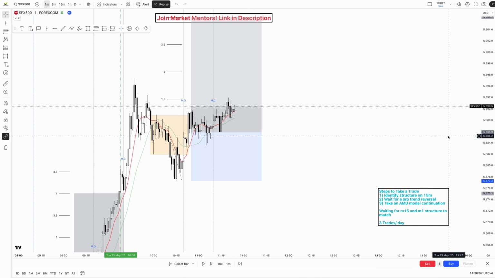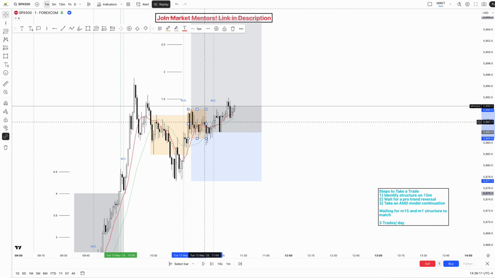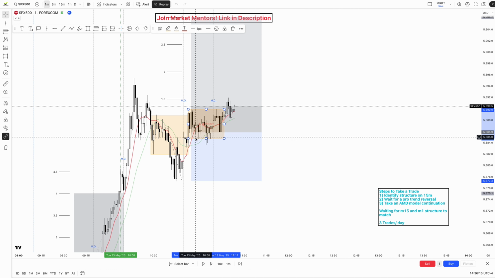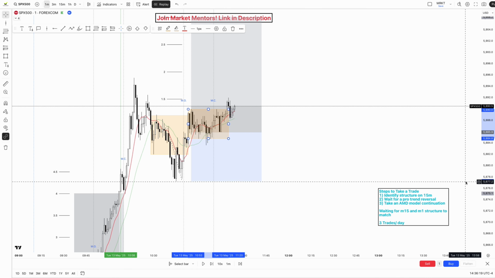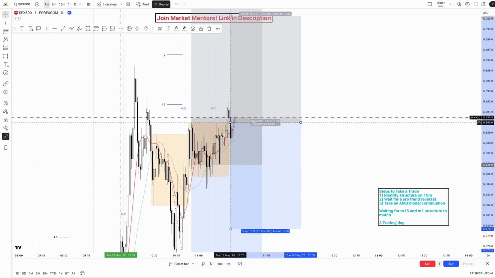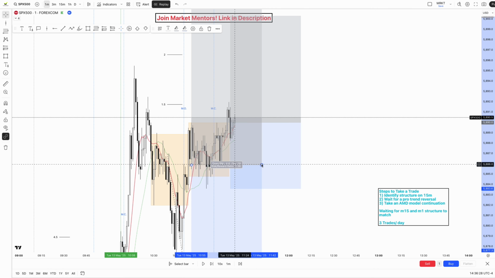And looking at this, it looks like another opportunity for a continuation here, just with how all this accumulated and has one or two wicks below these lows. Then it breaks to the upside finally, and has a pretty clean bullish candle push. Then we have an imbalance there to enter at.